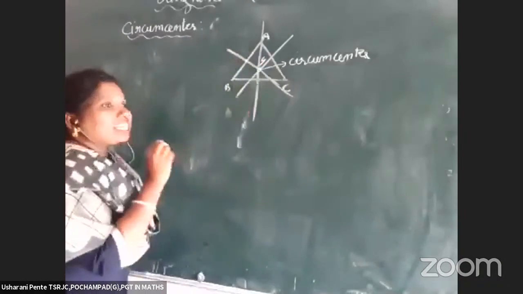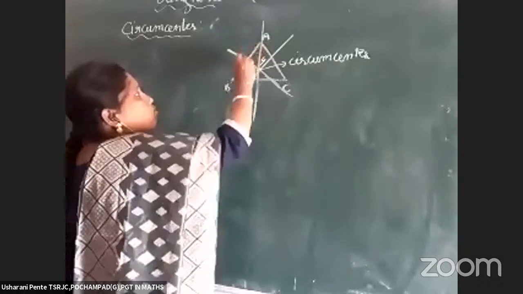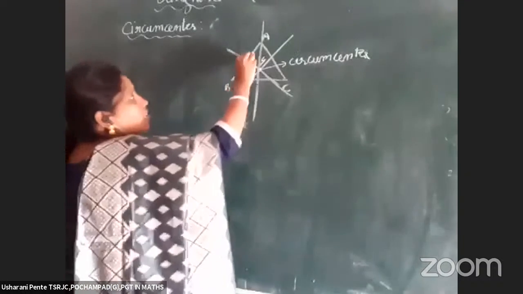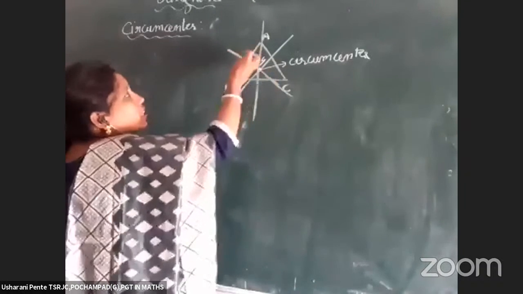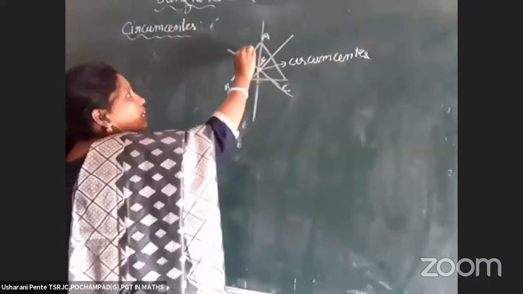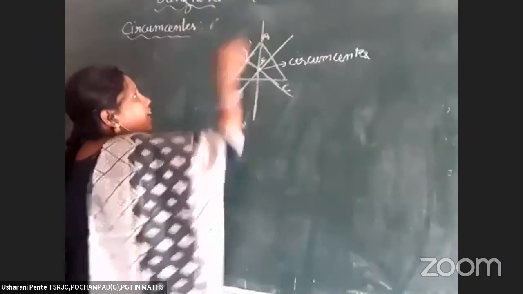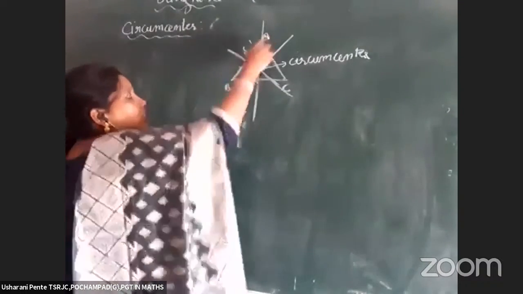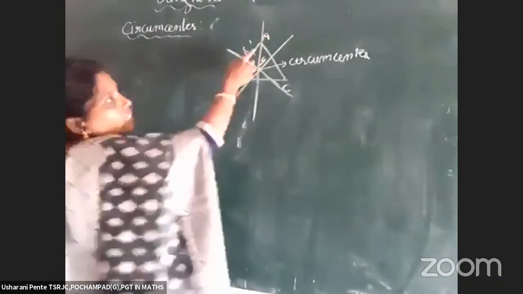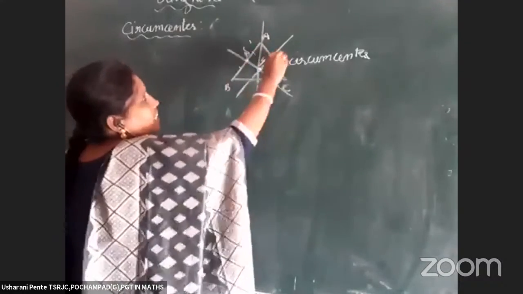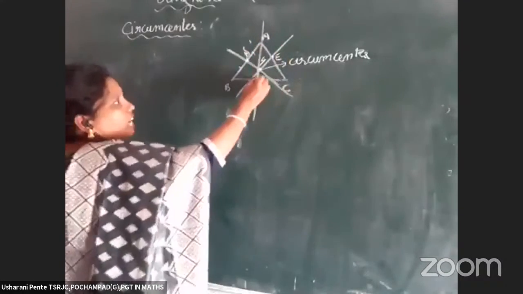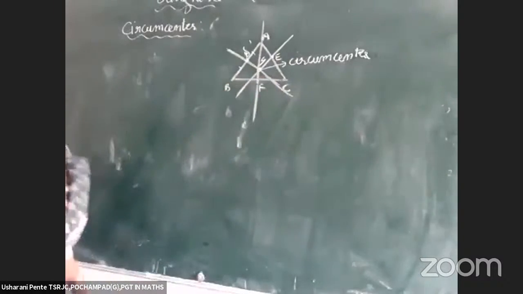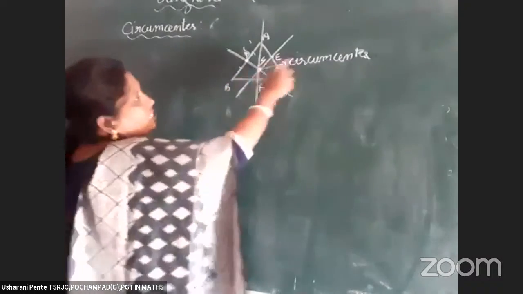Bisector means it divides the sides into two equal halves. Therefore, the point where it meets the sides of the triangle, we can take as the midpoint of the vertices A and B. Here we can take this as E, and E is the midpoint of A and C. If we take it as F, then F is the midpoint of B and C. Hence, S is known as the circumcenter.